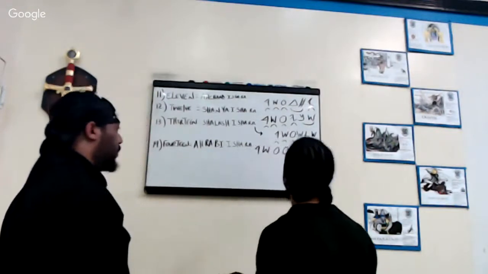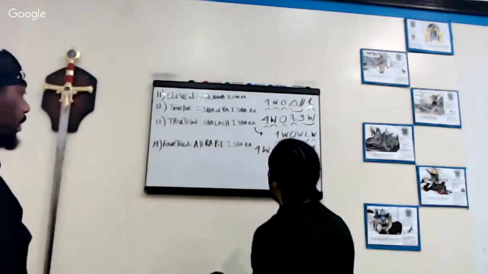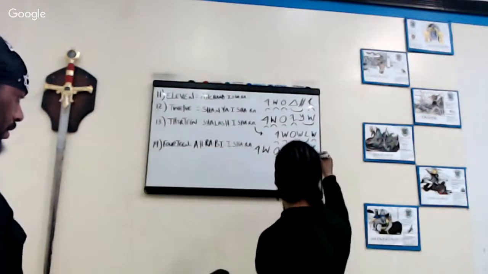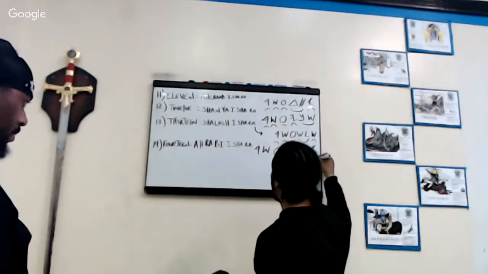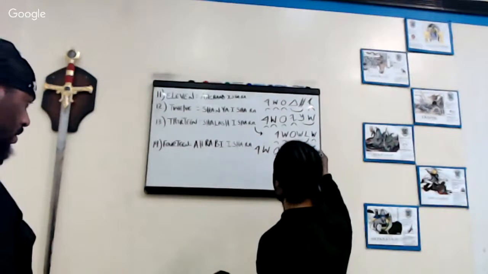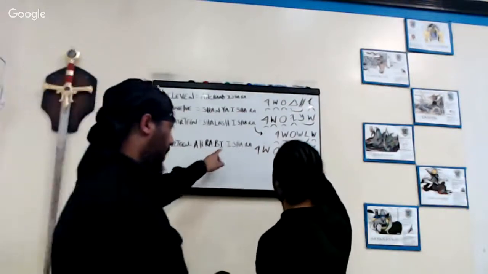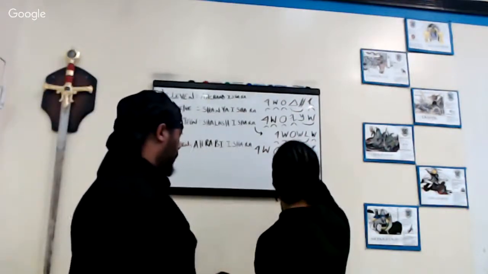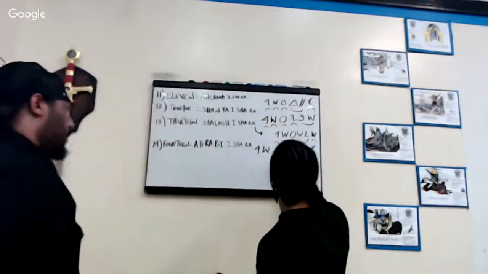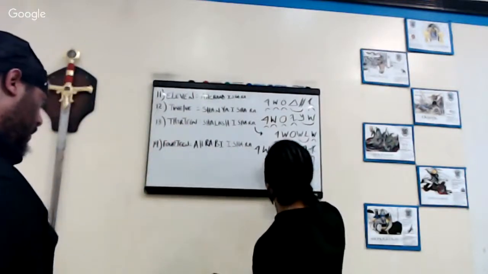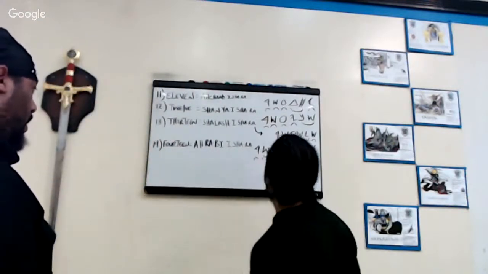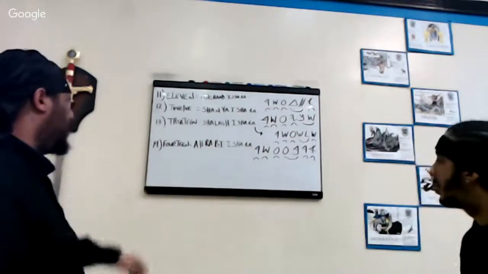Let's put those connectors on. A, Ra. And now what you're doing, you're connecting the Ba and the I. I, Sha, Ra. Excellent. Now the last one, 15.